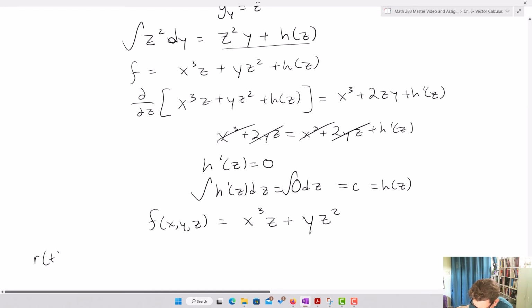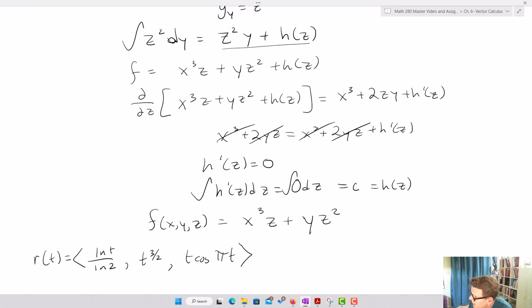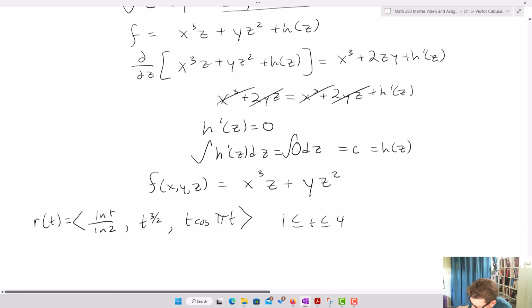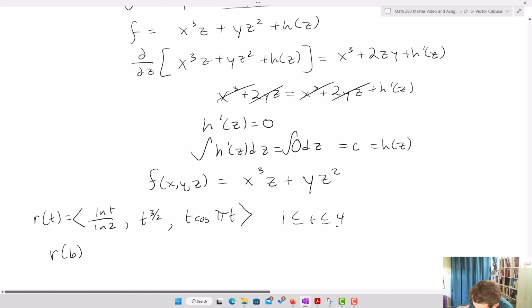So r of t is equal to ln t over ln 2, comma t to the 3/2, comma t cosine pi t. And we're going to evaluate that from 1 less than or equal to t less than or equal to 4. So r of b, my endpoint here for 4, is going to equal the natural log of 4 over the natural log of 2, which just equals 2.